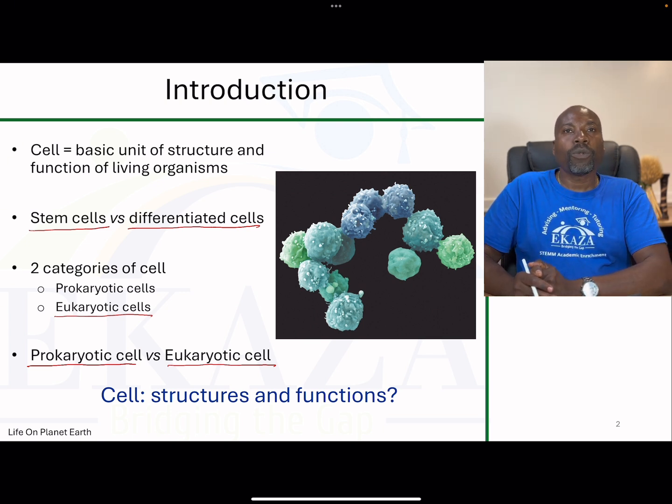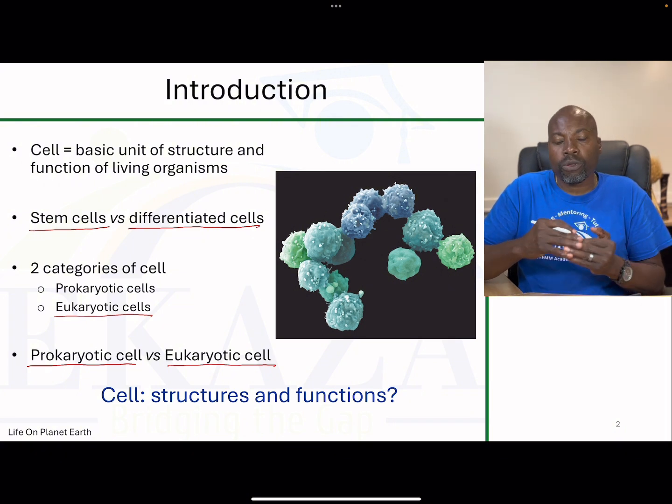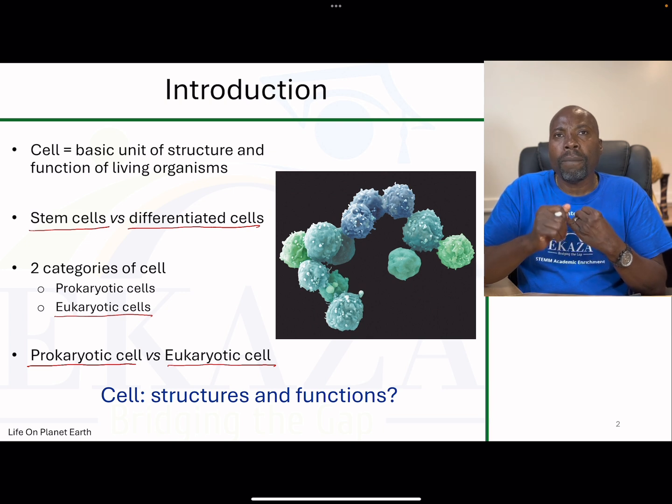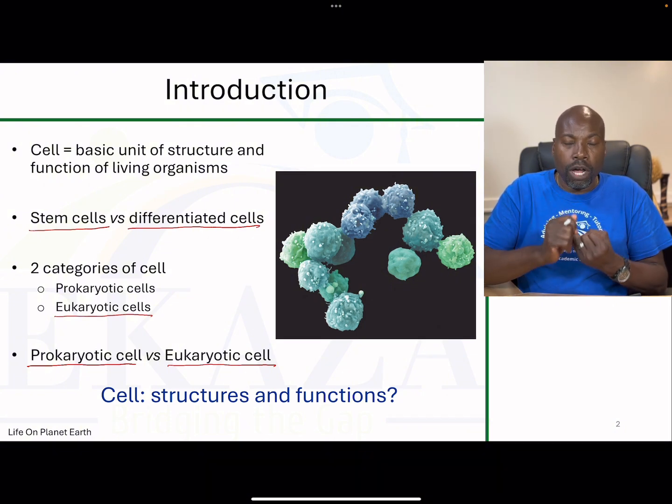Okay? So the question I would like you to ask as we are going through this chapter is, what are the different components that make up a cell? And what are the functions of these different components, right?